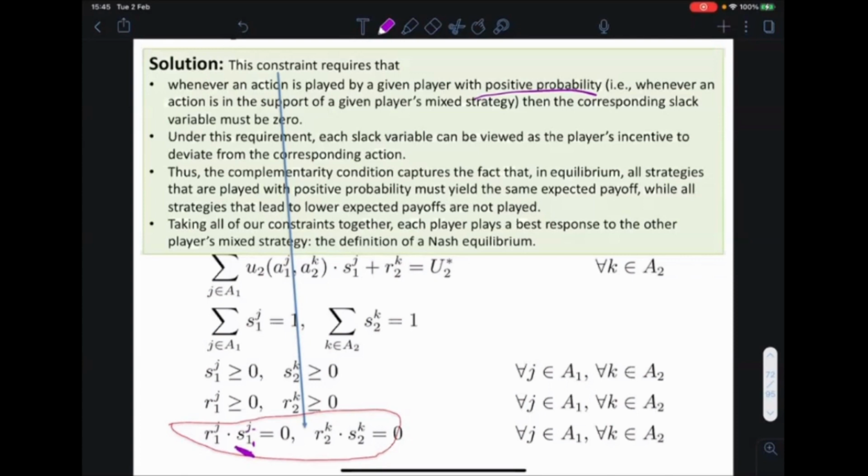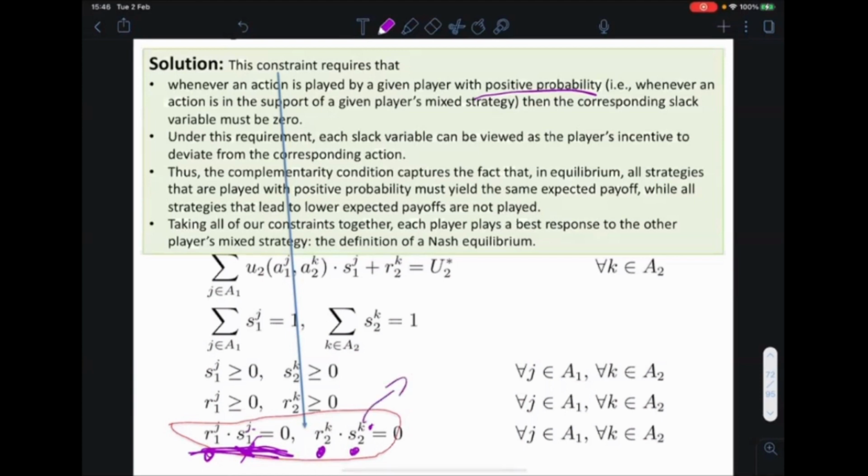If that's the case, then in order to make this constraint hold, the slack variable R1J has to be 0. Let's use this example instead. Suppose player 2's action K is played with positive probability, then the corresponding slack variable, R2K, would be 0, right?